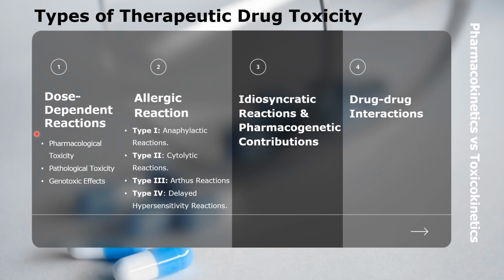Pharmacologic toxicity, for example, the CNS depression produced by barbiturates, is largely predictable in a dose-dependent situation. The progression of clinical effects goes from anxiolysis to sedation to somnolence to coma.